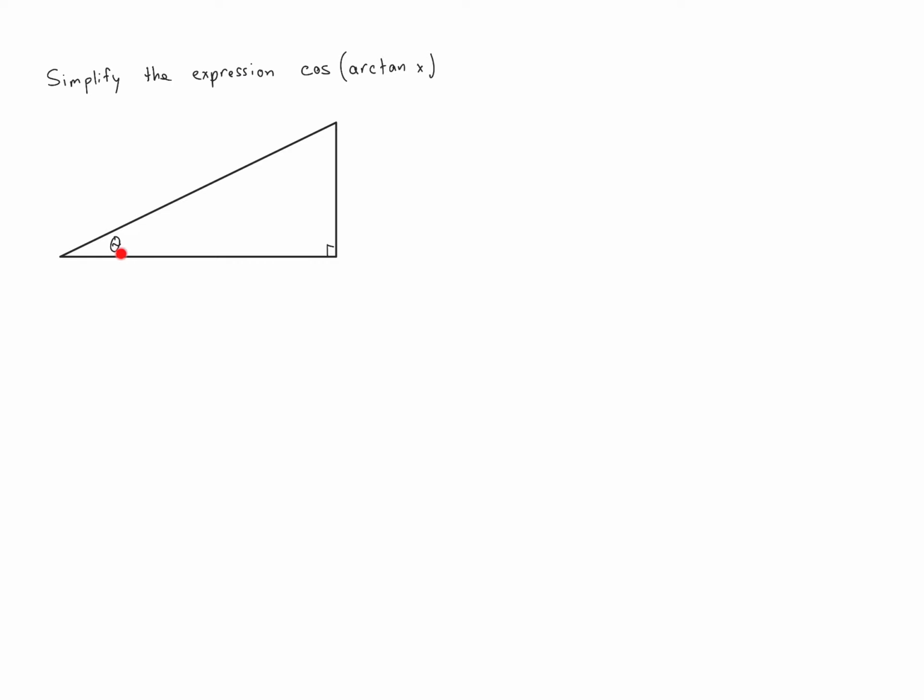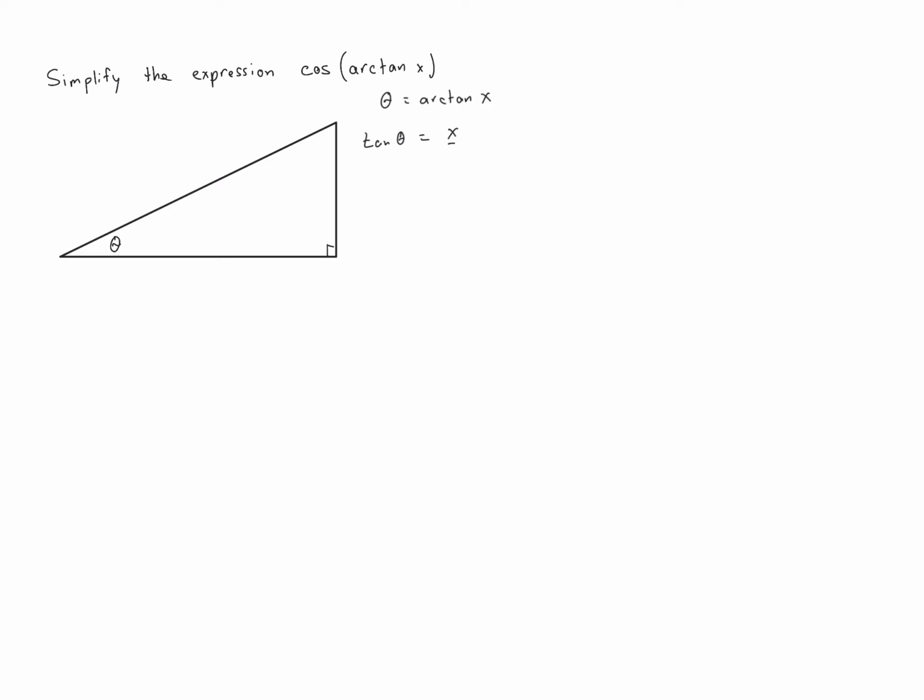And we want theta to be the angle that is arctangent of x, meaning that the tangent of theta equals x. So actually we can even write in here, theta equals arctangent of x. And what that means is that tangent of theta equals x.